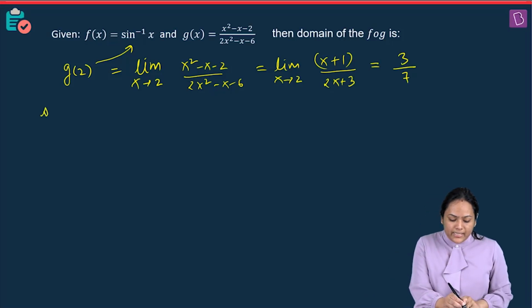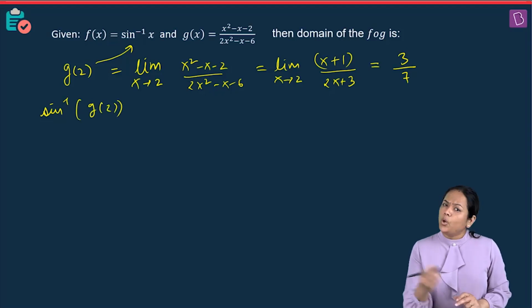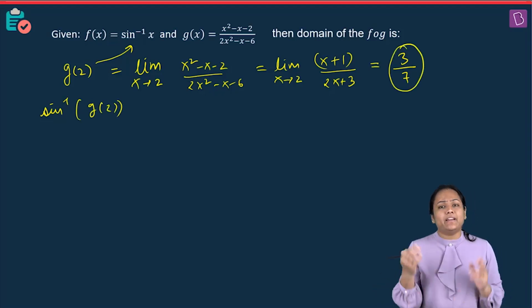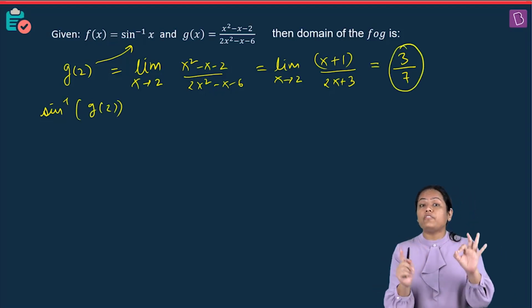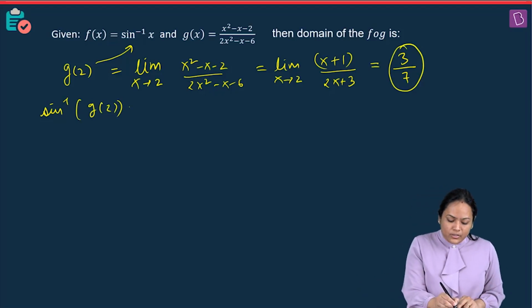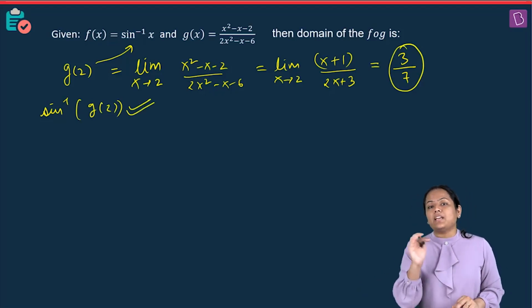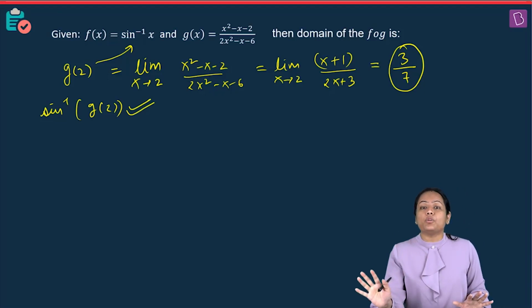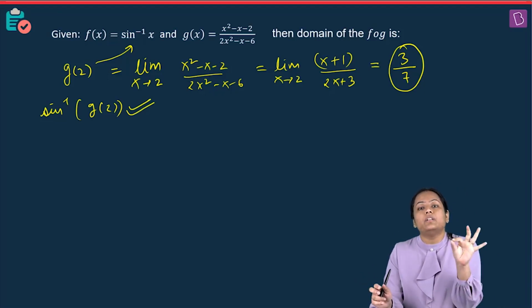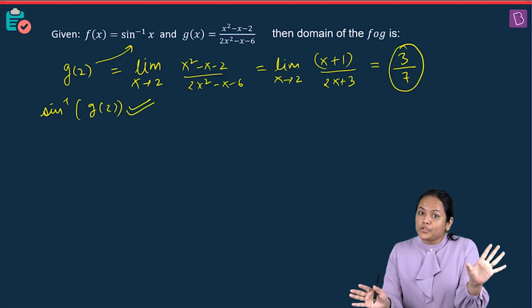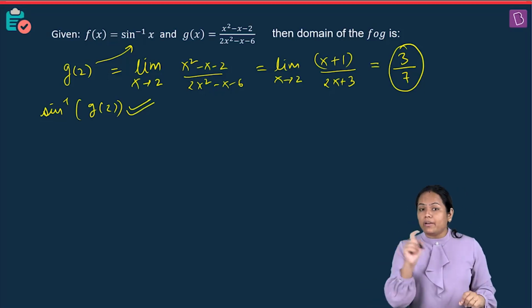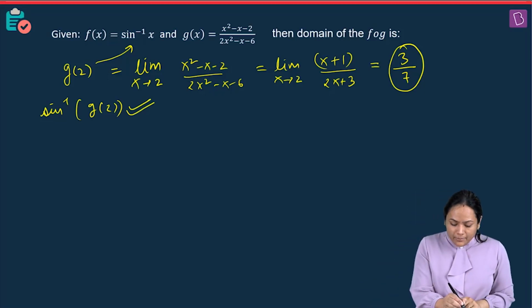That means, can I say that sine inverse of g(2) will be defined? Well, yes, because 3/7 definitely lies in the domain of sine inverse x. So this is defined. That means x = 2 can be a possibility in the domain of f(g). Understood? Perfect.